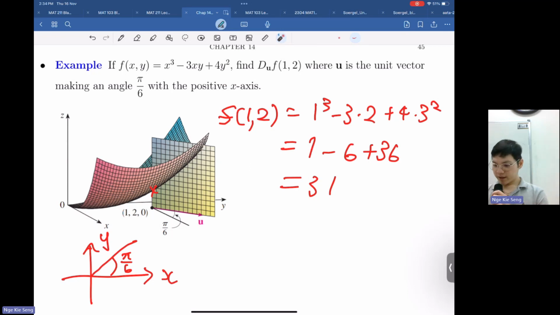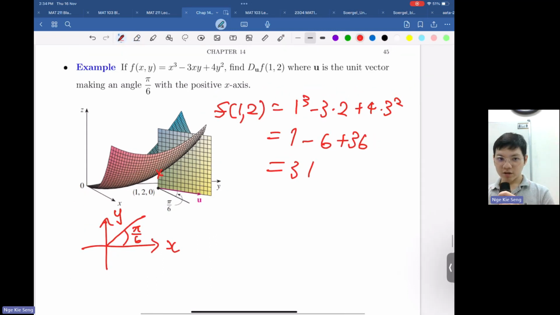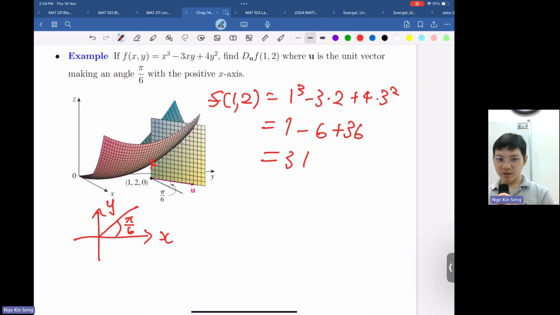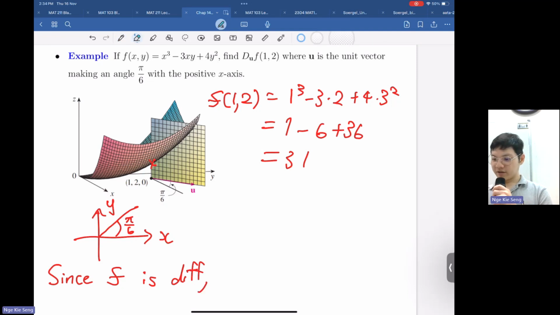So what do we need to apply the theorem just now? We want f to be differentiable. Is f differentiable or not? It's obviously differentiable, because this is a polynomial. You can differentiate it three times, and then everything will disappear.